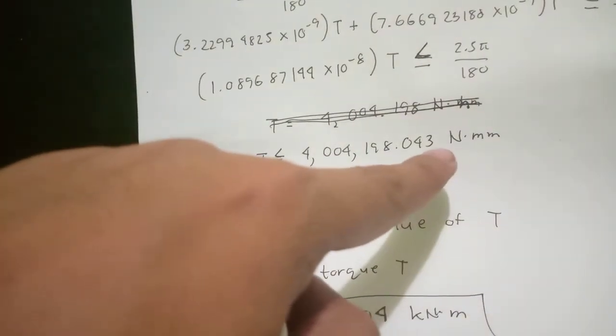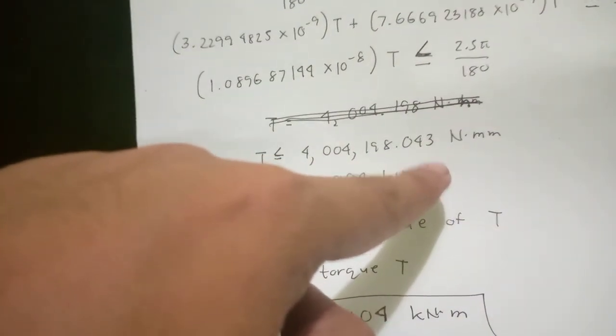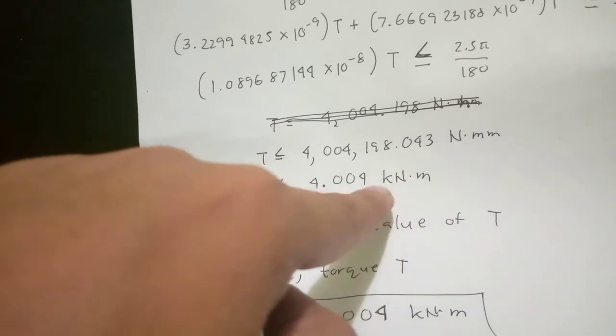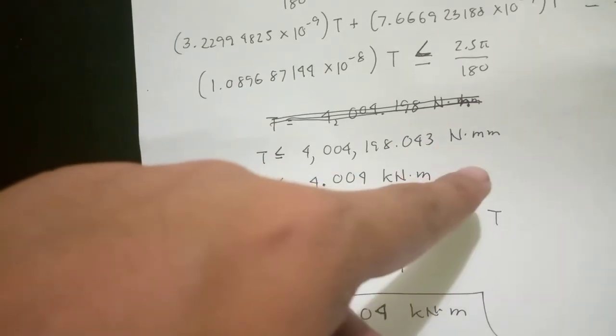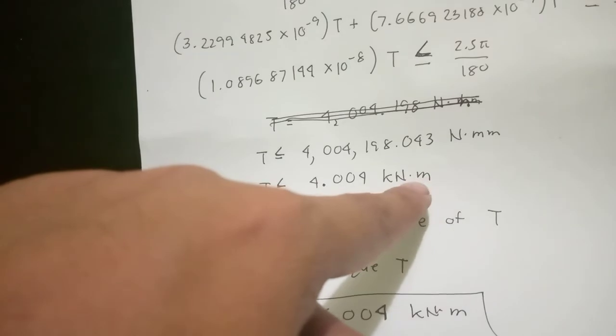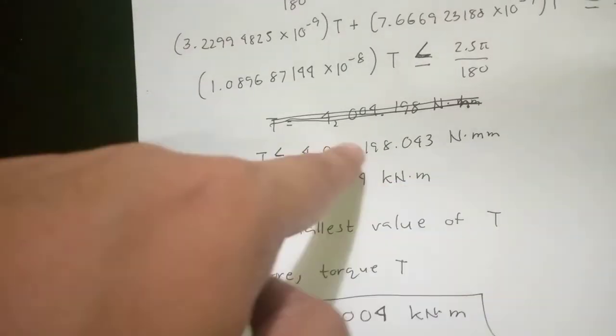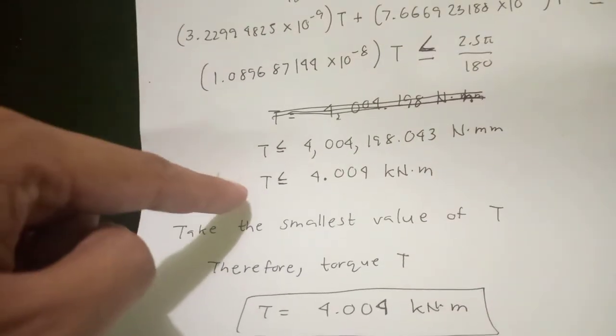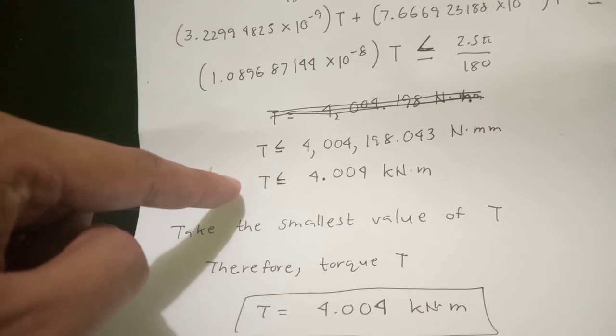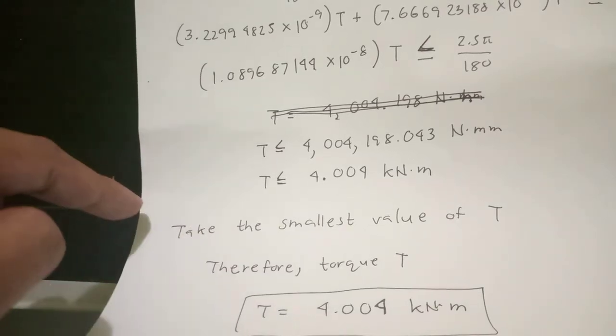Then I convert Newton mm into kilonewton meter. 1,000 Newton is equivalent to 1 kilonewton, and 1,000 mm is equivalent to a meter, so I divide this by 1 million. So I get T less than or equal to 4.004 kilonewton meter.